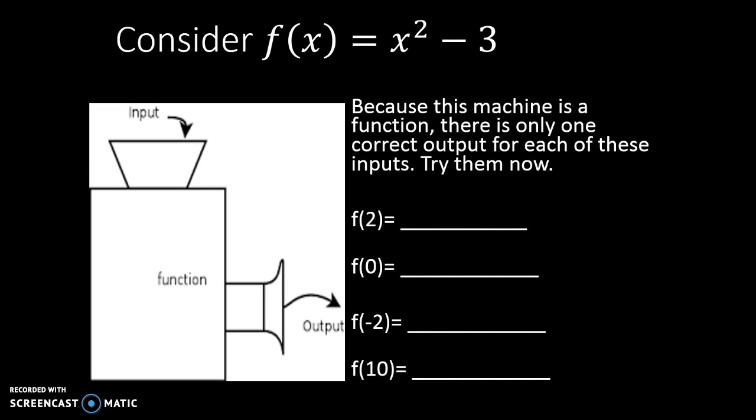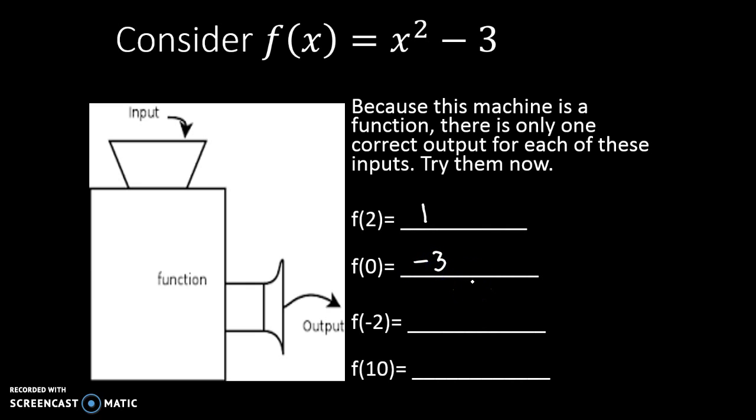So here are some examples of inputs. F of 2 would be 2 squared, which is 4, minus 3, or 1. I'd actually recommend that you pause the video and try to do these before I do them, because I'll go through them rather quickly. So you try them first, pause the video, and come back to it when you're done. If my input is a 0, I square 0, I still get 0. 0 minus 3 would be negative 3.